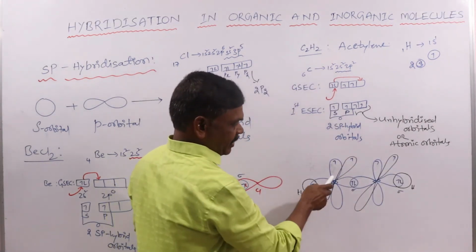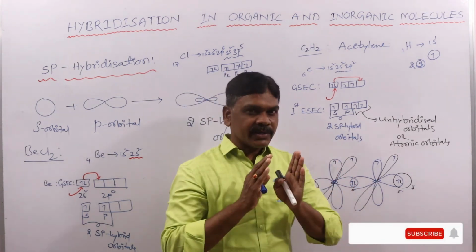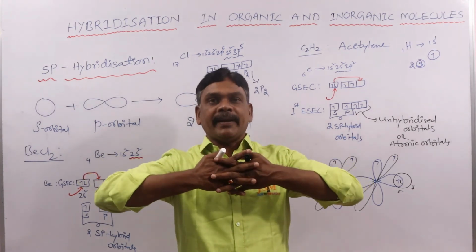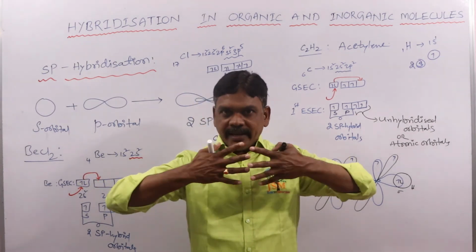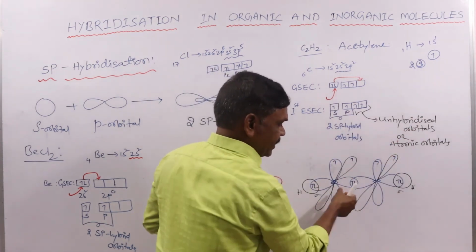So now py orbital, these two are pz orbital. So there is no chance of linear overlapping. Okay, so there is no linear overlapping in case of py and pz.